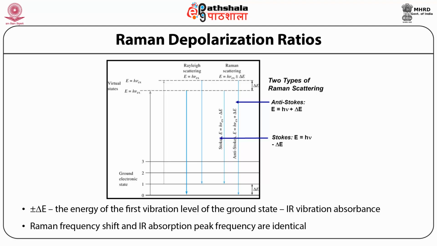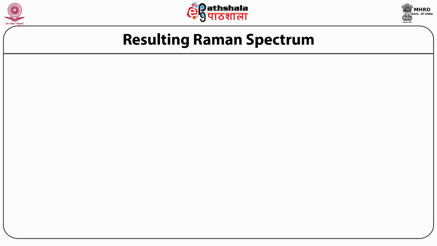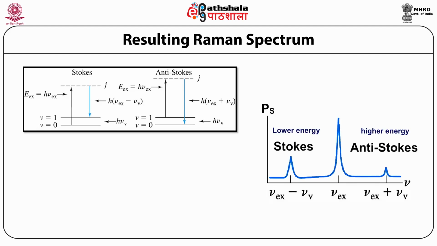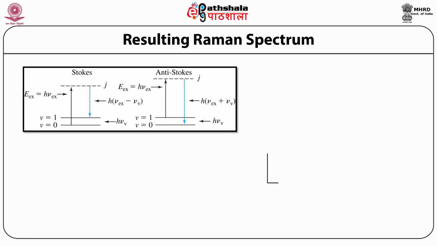Thus, a major challenge in Raman spectroscopy is to attenuate the light that is elastically scattered in order to detect the inelastically scattered Raman light. The resulting Raman spectrum is shown in the figure. Lines at lower energy shifts are Stokes lines and lines at higher energy shifts are anti-Stokes lines.